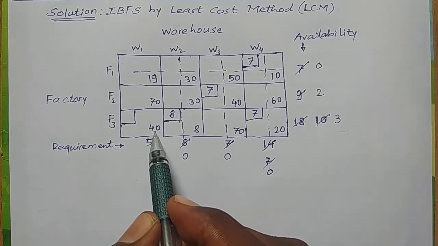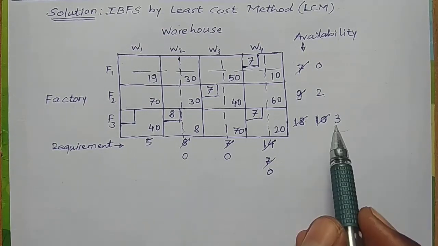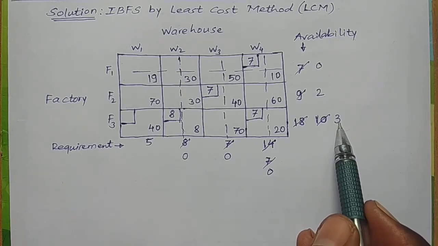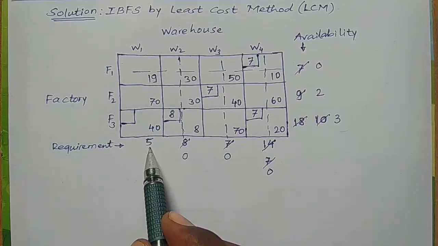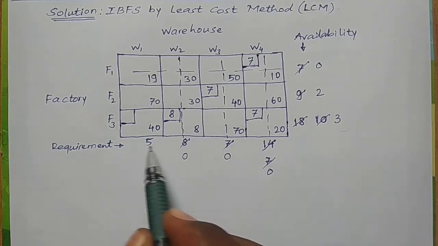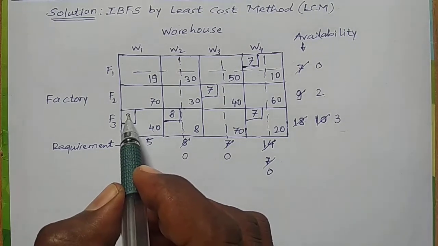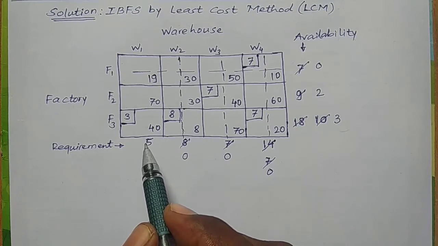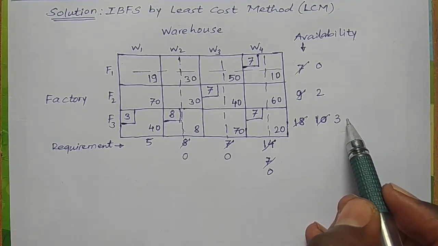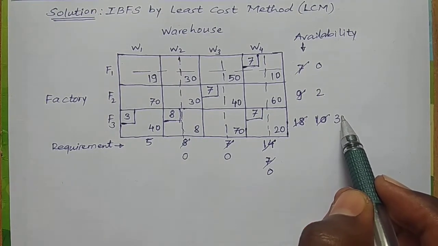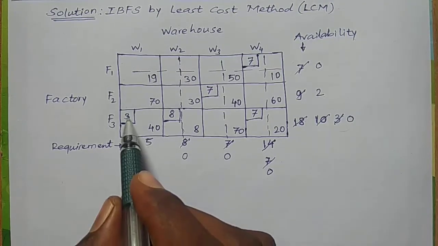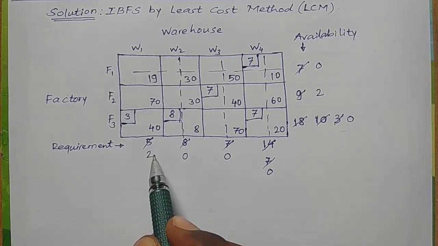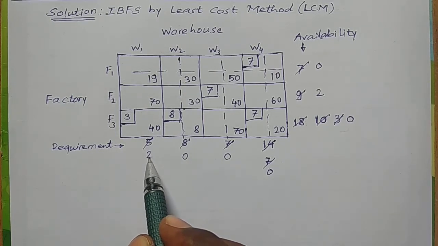So for this cost, how much quantity can we allocate? Availability is 3 in that row and the requirement is 5. So let us allocate whichever is smaller here, because it cannot make available more than 3 units. So 3 minus 3, 0, and 5 minus 3, again the required quantity is 2 units.